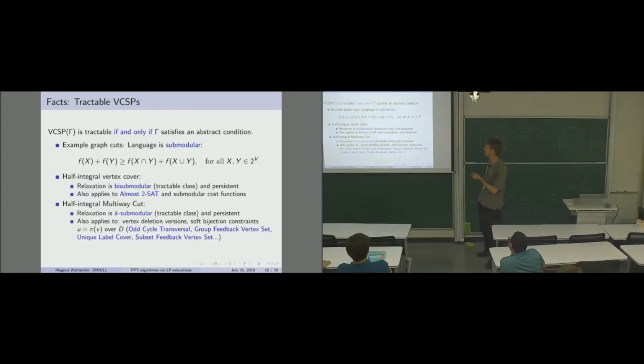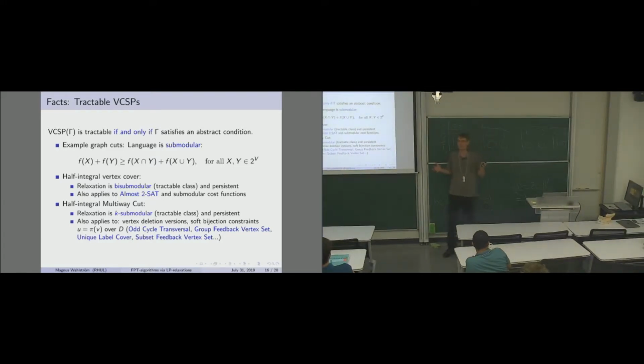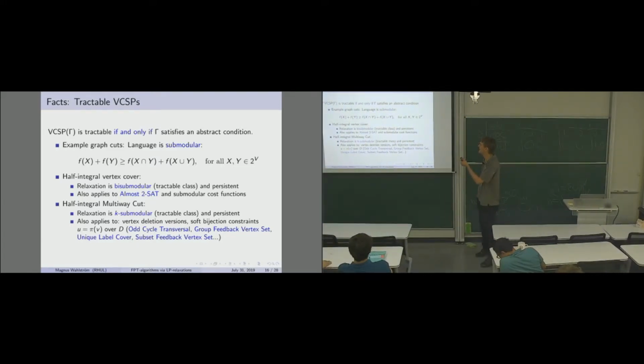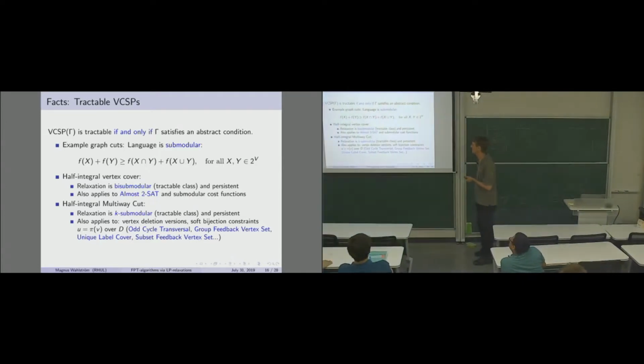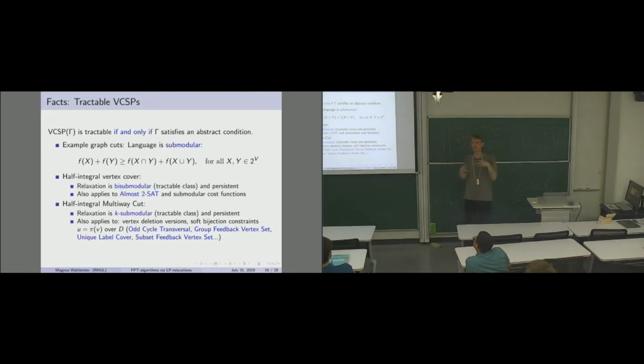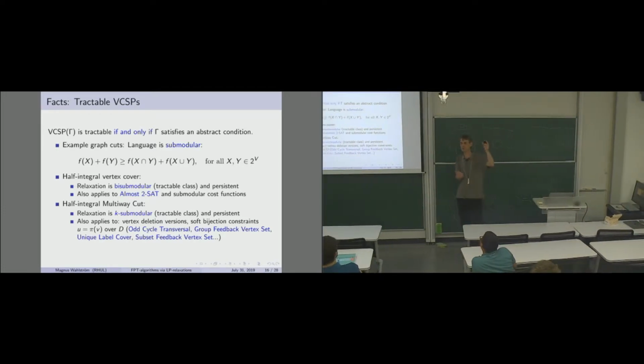The half-integral multi-way cut fits into yet another kind of generalization of submodularity for some larger domain, some other way of combining x and y to give 2 new outputs. And it happens that the list of problems that you can solve with this relaxation is, well, basically everything where you have some kind of soft bijection constraints between 2 variables, like if u is 1, then v should be 3.